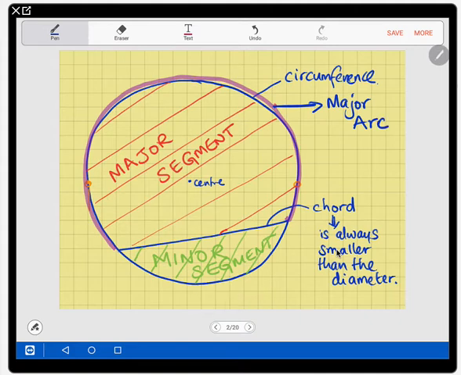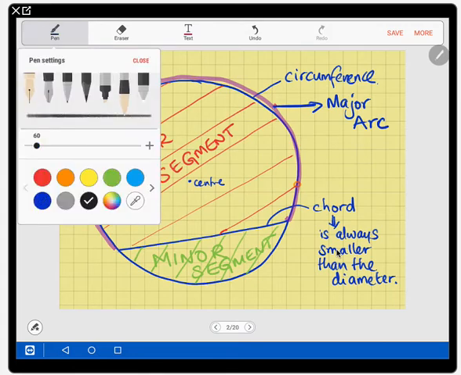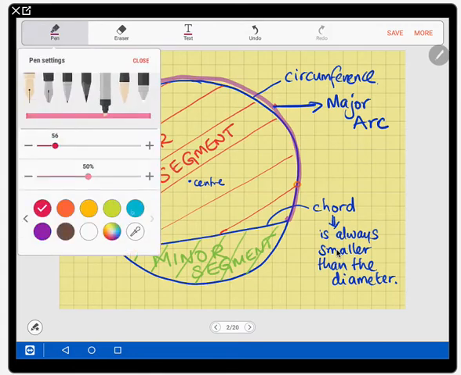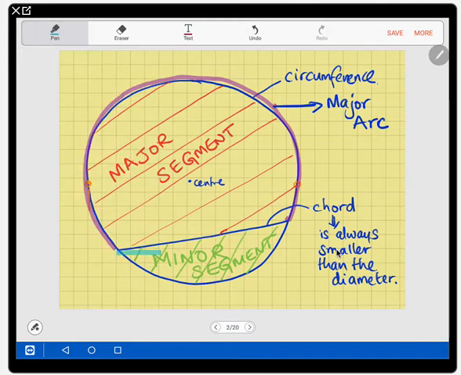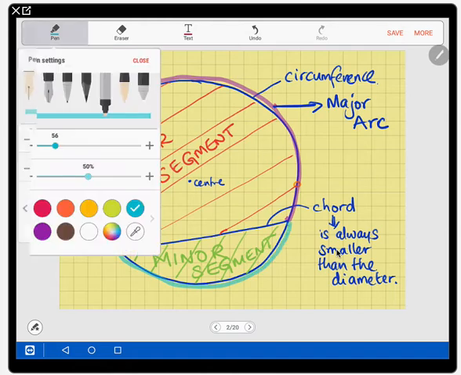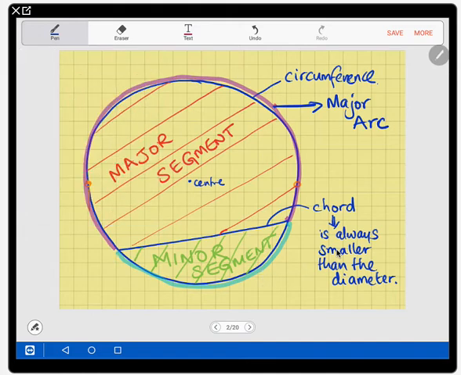That's called the major arc because it's part of the major segment. As simple as that. And this smaller arc here is called the minor arc. It is smaller, right? So here we have major, the bigger arc, and the smaller arc is called the minor arc.